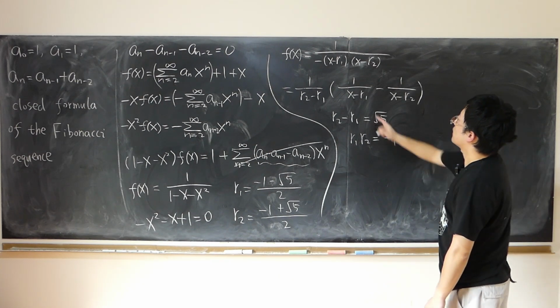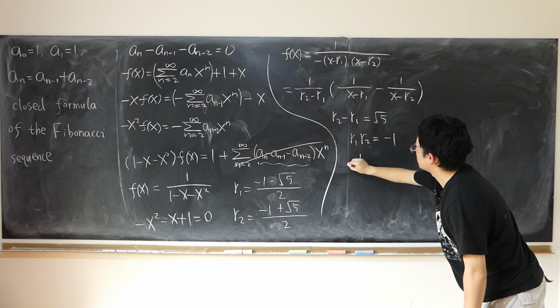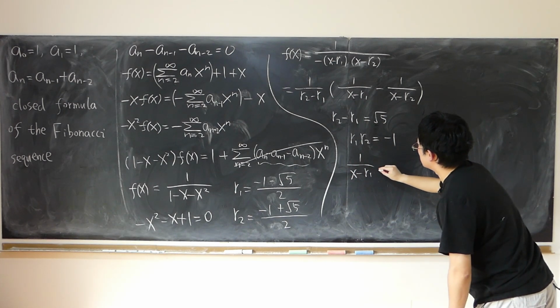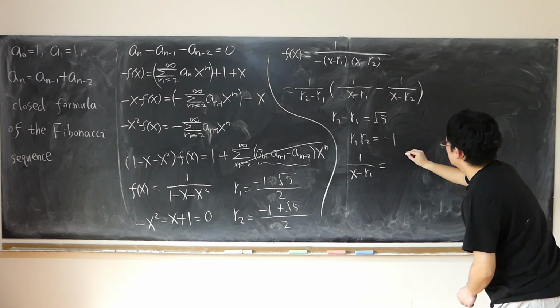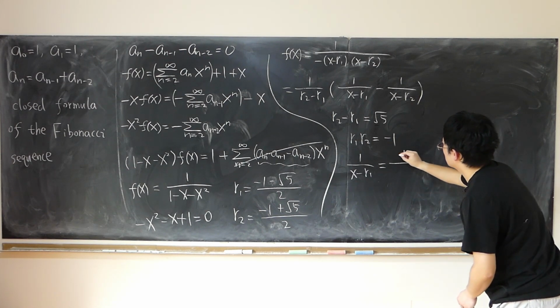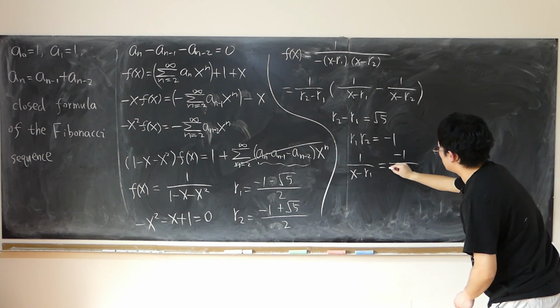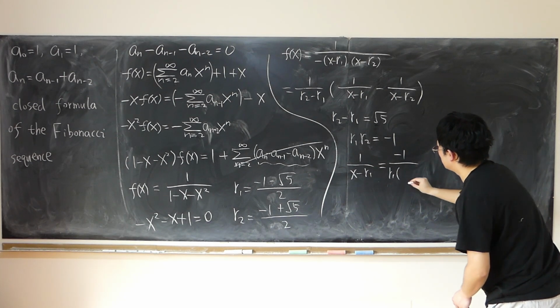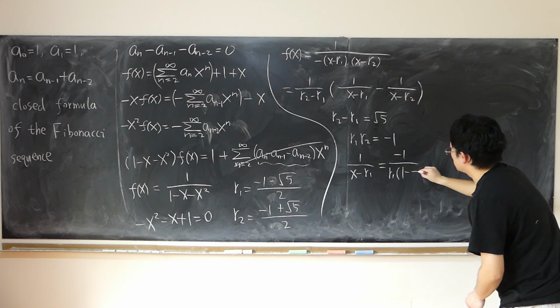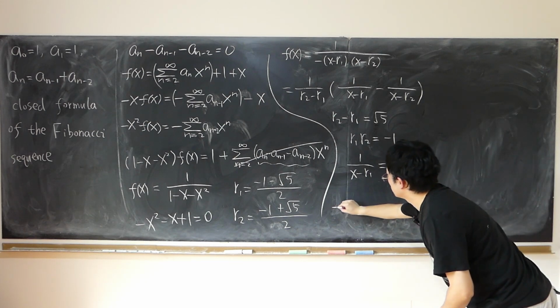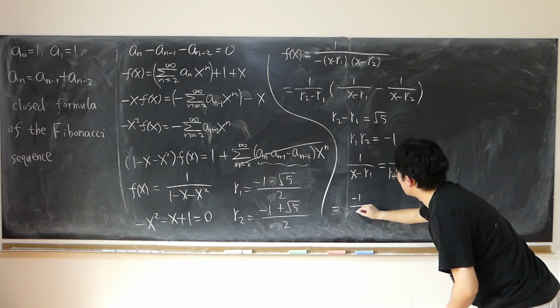And also rewrite this term, 1 over x minus r1, that is equal to 1 over negative 1. Take the negative sign out, so r1 factored out, 1 minus x over r1. Right, that's the same thing. So negative 1 over r1.